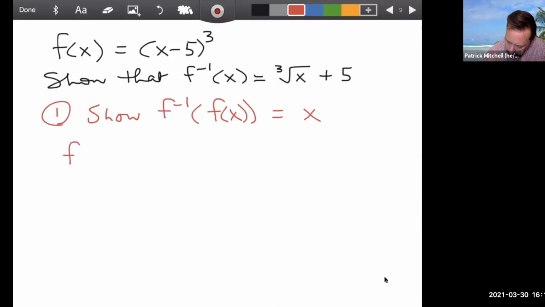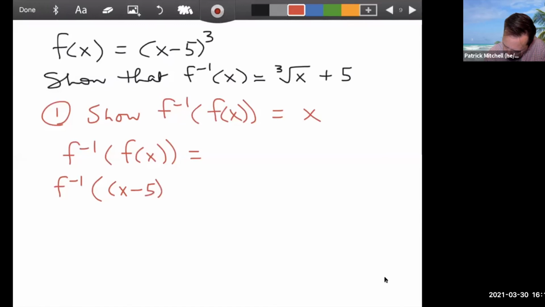F inverse of f of x, remember f of x is the third power of x minus 5. And now what does function f inverse do? It takes a number, does the cube root of that number, and then adds 5.